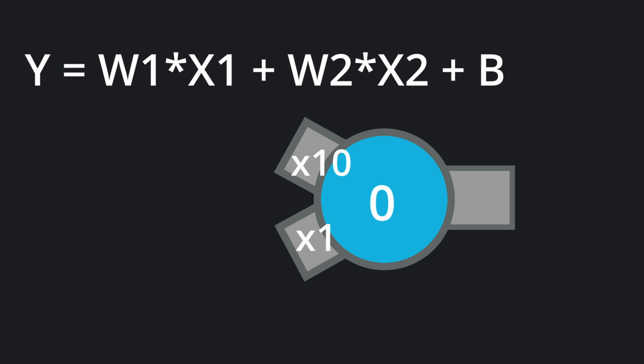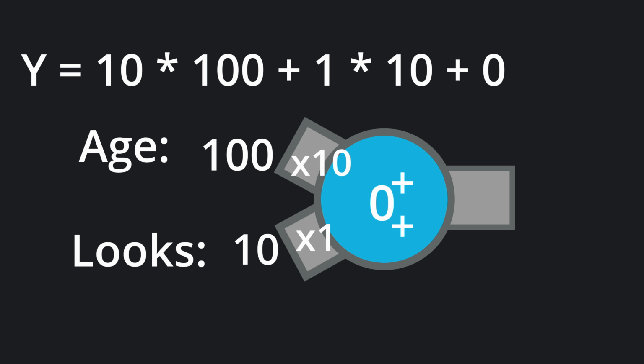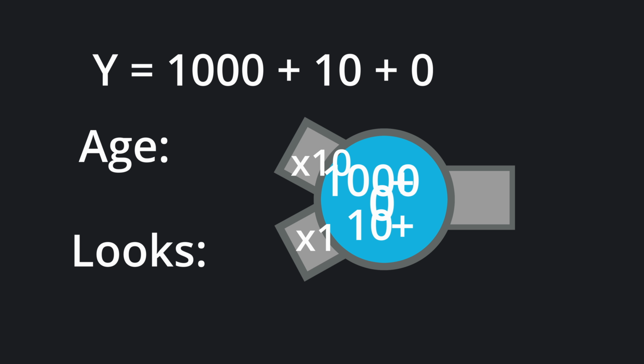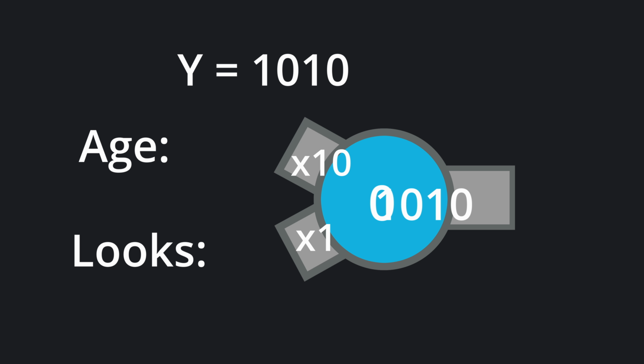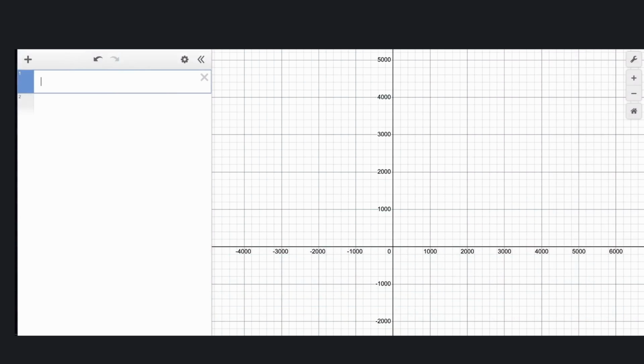So let's first do a test run of age 100 and looks 10. As you can see, the result is a score of 1010, which is definitely not correct, because a person of age 100 shouldn't have that high of a score, even if it's a 10 out of 10.